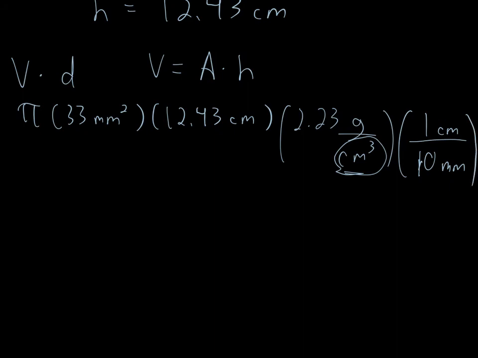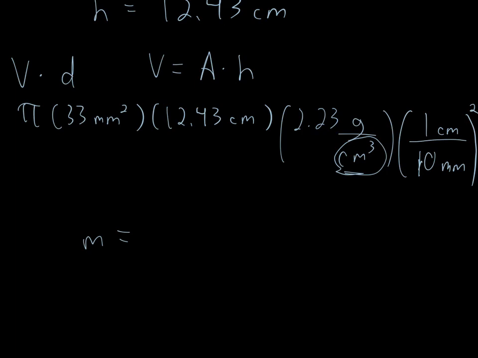And since our value was millimeters squared, we just square this whole conversion factor. And then now we can solve for our mass. So after getting my calculator, let me plug in the values. Pi times 33 times 12.43 times 2.23 divided by 10 to the second.